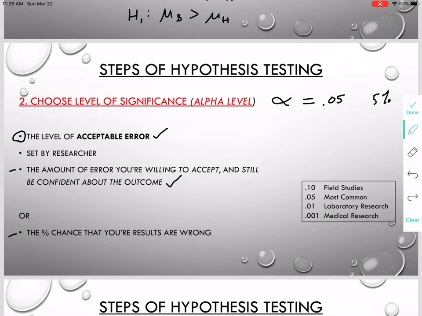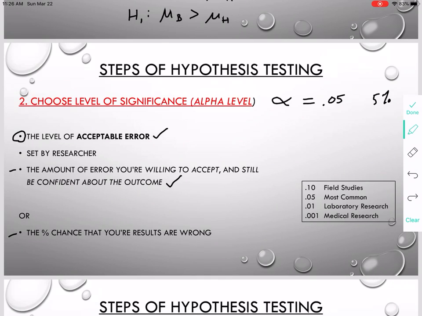So if I'm going to actually run this hot dog test study, and I set my acceptable error rate at 0.05, that means that when I plug my numbers into the statistical analysis and I get my result, I'm going to be willing to accept that there's 5% error because I know that there's some error.